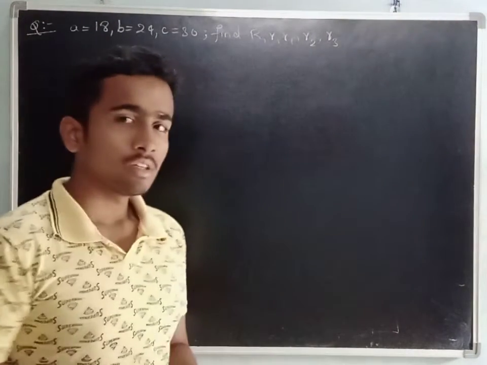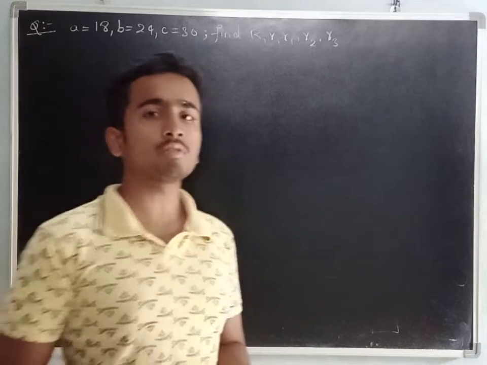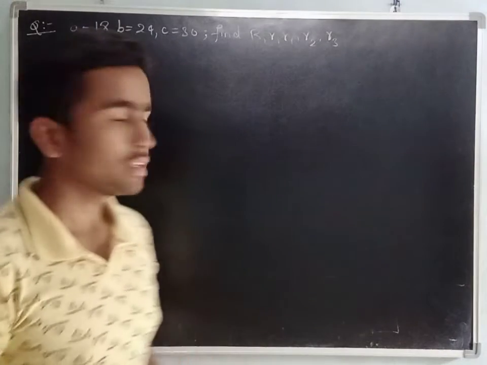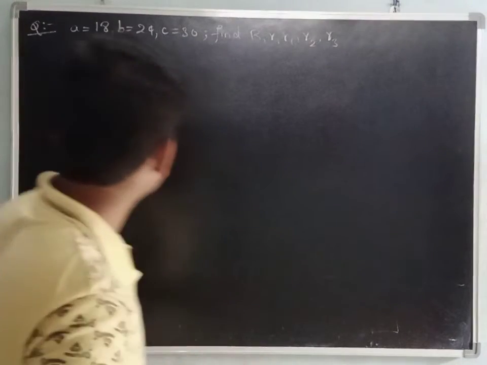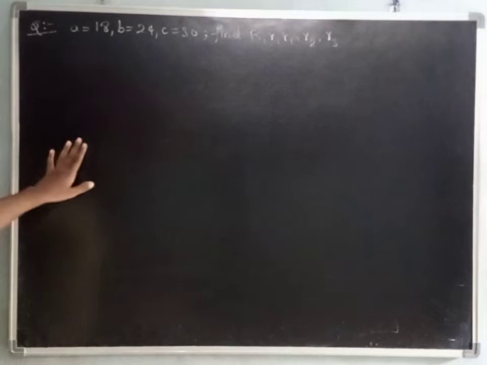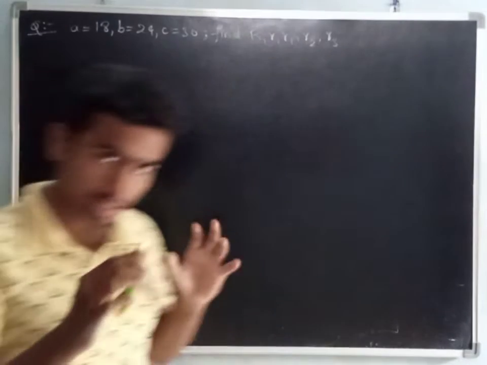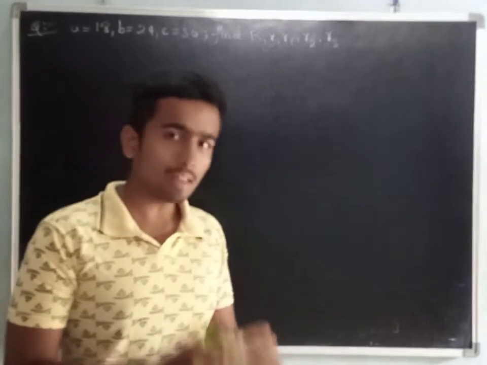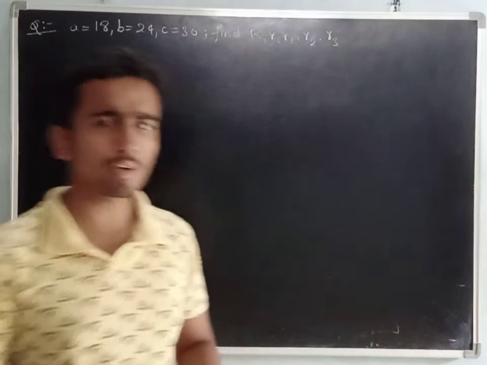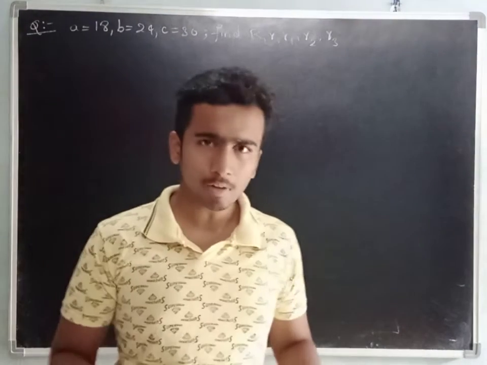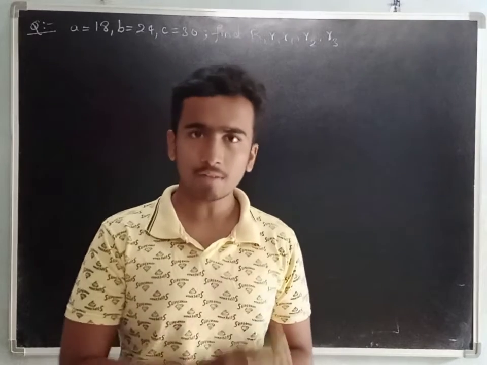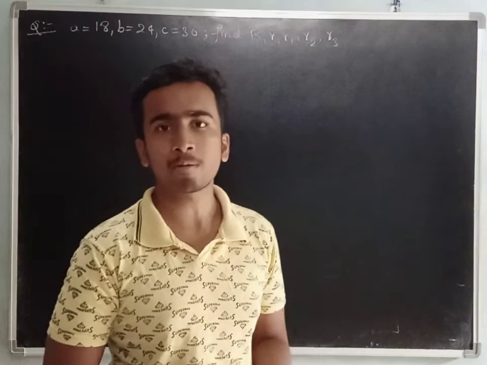If you want to see it, you need to see my previous video. In this video, we are going to discuss questions regarding the concepts that we have discussed till the previous video. I am going to cover all the possible questions.